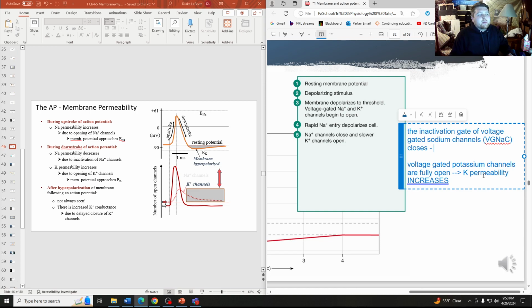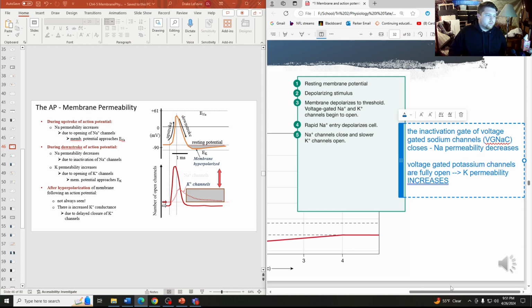Remember that permeability just means whether it can cross the membrane. Because it can cross out super easily, that's what we're focusing on. And then our sodium permeability decreases right there.